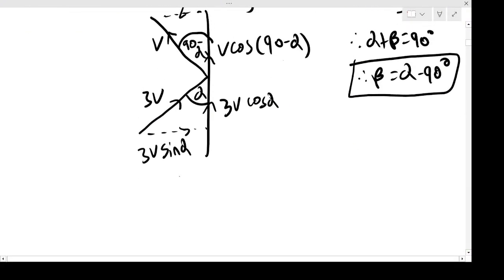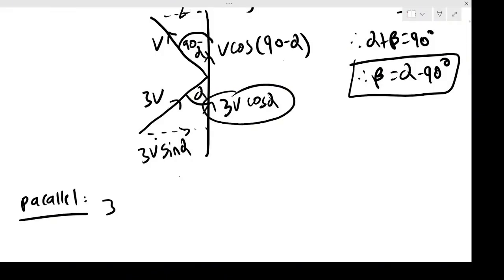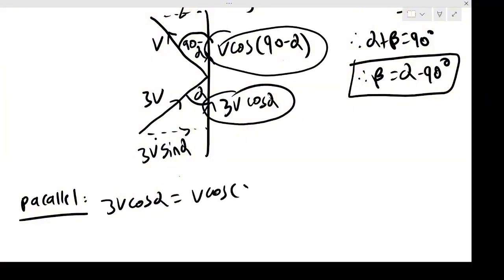Let's do our equations then. So standard procedure, parallel components first. We have that parallel wise 3v cos alpha has to equal the parallel component afterwards, v cos 90 minus alpha. Then perpendicular.